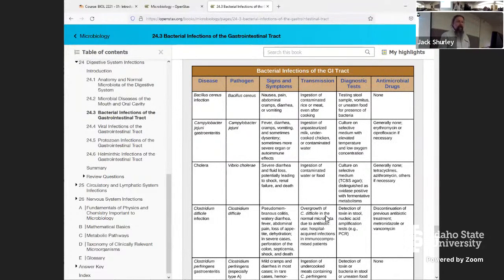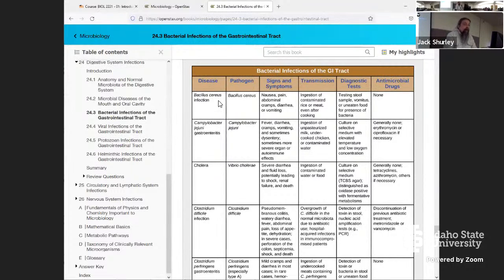Hopefully you are seeing the table. Those of you zooming in, for you here in my audience, I know you're seeing it because I can see it myself. All right. There are lots of things and a few that as I was scrolling through there, well, we didn't actually talk about, but I could hit them right here. There are all sorts of GI culprits, and here we're just looking at some bacterial ones.